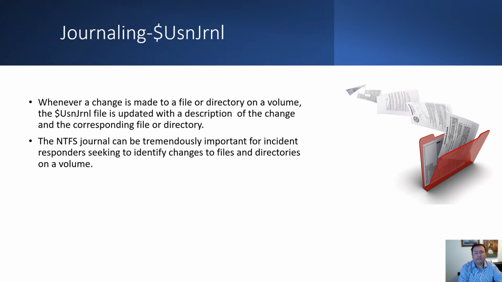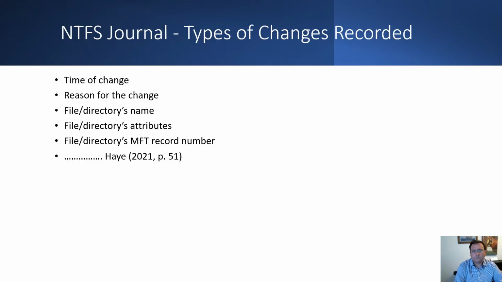The NTFS journal can be tremendously important for incident responders seeking to identify changes to files and directories on a volume. Types of changes recorded are time of change, reason for the change, file and directory names and attributes, and the directory's MFT record number, which are valuable information for the investigation.